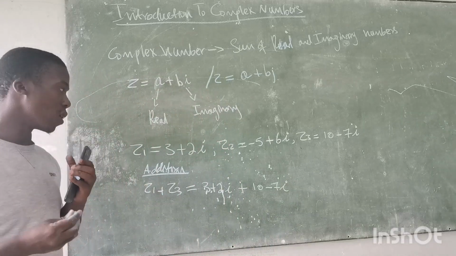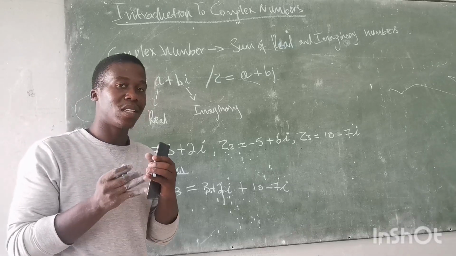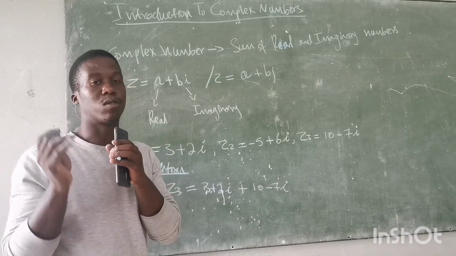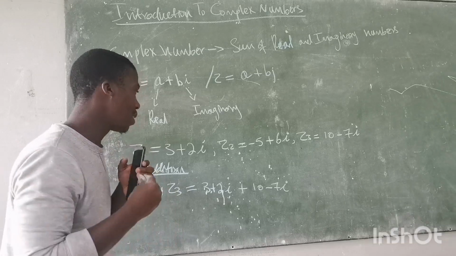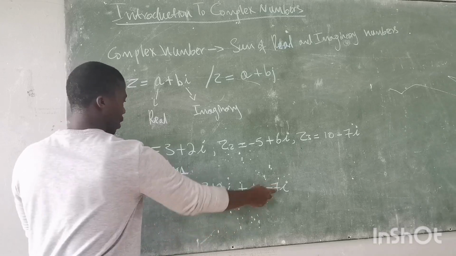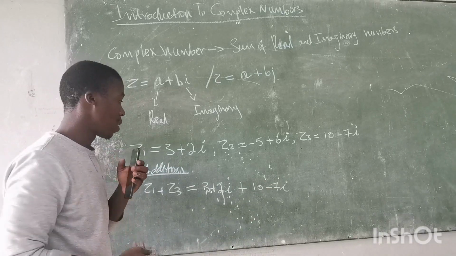So this is how you add complex numbers. Real numbers you add together, and imaginary numbers also go together. You can't add 2i and 10, and you can't add 3 and 7i, so you have to match the numbers.